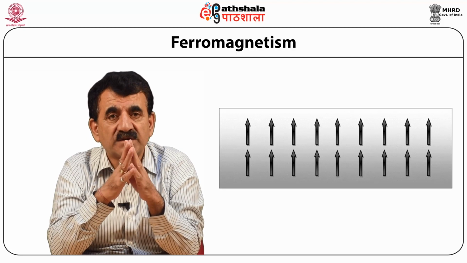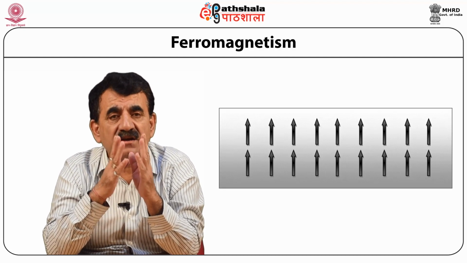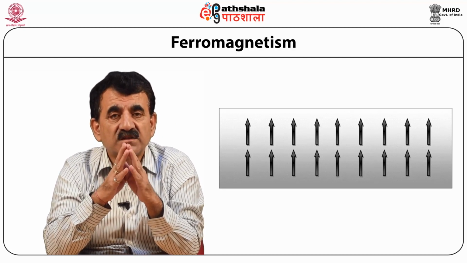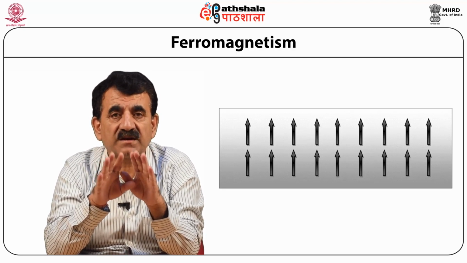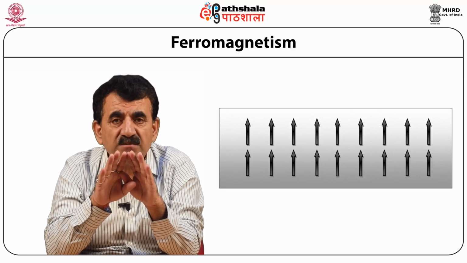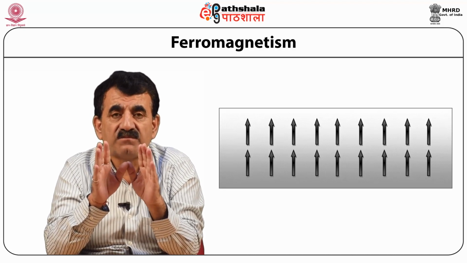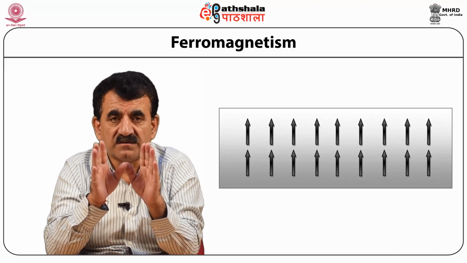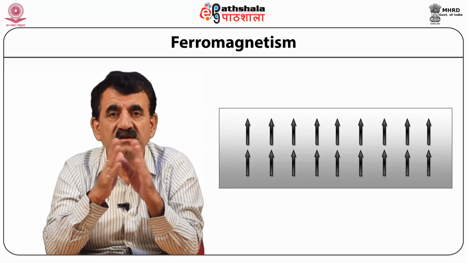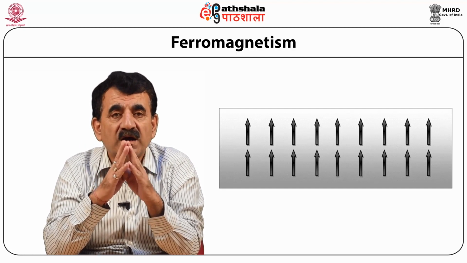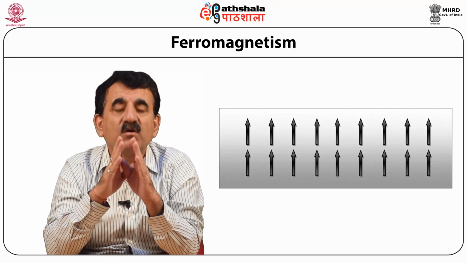The difference in behavior of the rare earth and the iron group salts is that the 4f shell, which is responsible for the paramagnetism in rare earth ions, lies deep inside the ions within the 5s and 5p shells, whereas in the iron group ions, the 3d shell responsible for paramagnetism is the outermost shell.